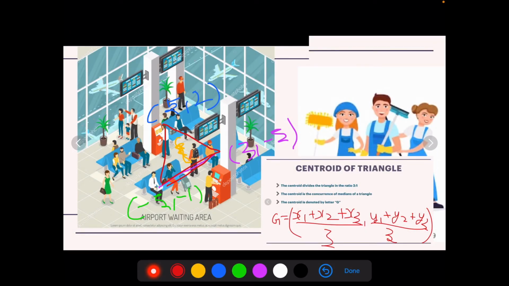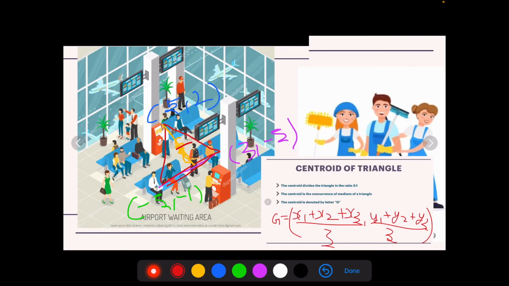The centroid of the triangle divides the median in the ratio 2:1. The centroid is the point of concurrence of the medians of the triangle. The centroid is denoted by the letter G, and the formula to find the centroid is (x1 plus x2 plus x3) by 3 for the x coordinate, and (y1 plus y2 plus y3) by 3 for the y coordinate.